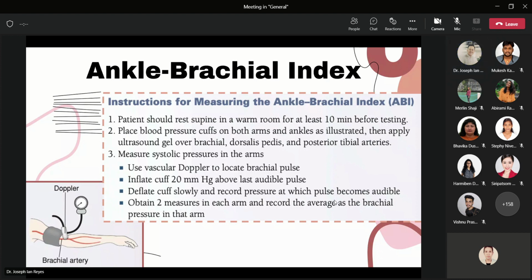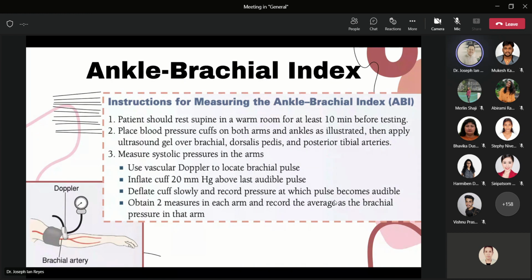Then apply ultrasound gel over the brachial, dorsalis pedis, and posterior tibial arteries. Measure systolic pressure in the arms. So use vascular Doppler to locate the brachial pulse. Inflate your cuff 20 mmHg above last audible pulse, and deflate cuff slowly and record pressure at which the pulse becomes audible.